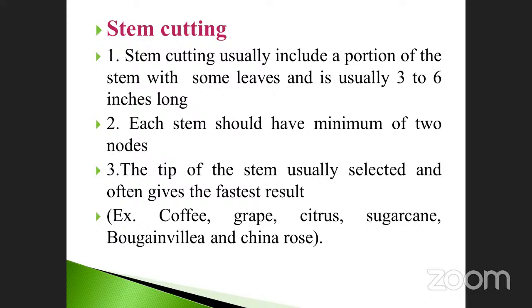Each node bears a leaf. So stems also have leaves, and each node consists of leaves. This is also a very, very important point, because then only the vegetative propagation is possible. Without nodes and leaves, it will not propagate properly.